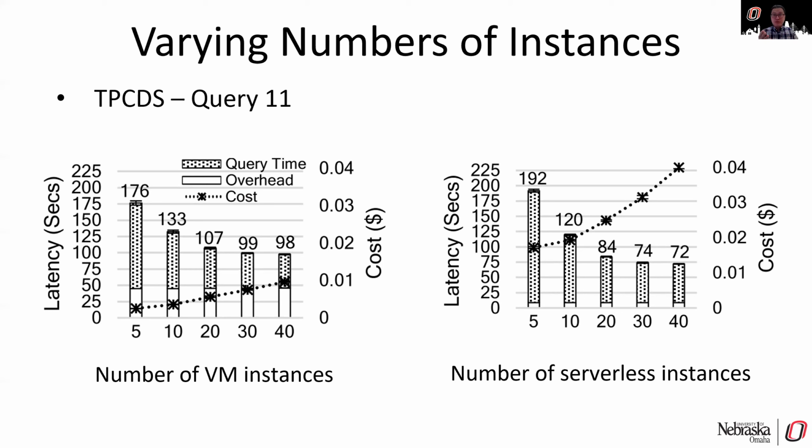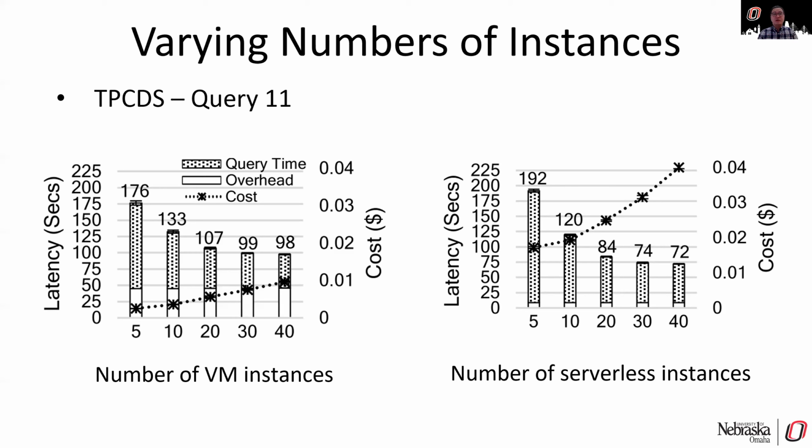Both figures clearly show that when we increase the number of instances, we see a performance improvement, meaning the latencies decrease. However, the overall cost increases. So if we deploy more instances, we can get better performance, but the overall cost also increases.